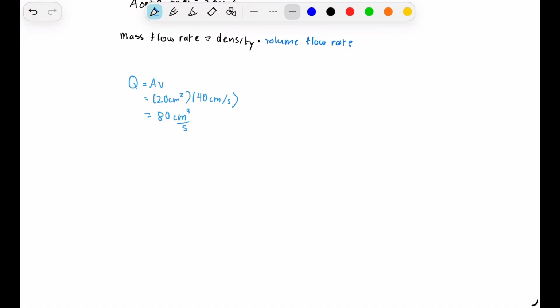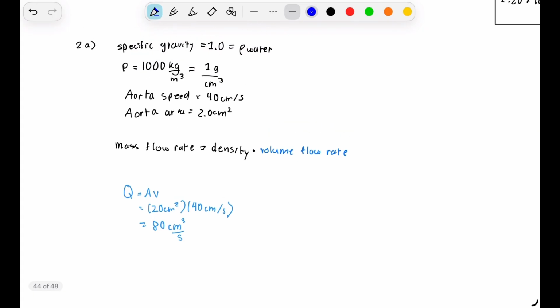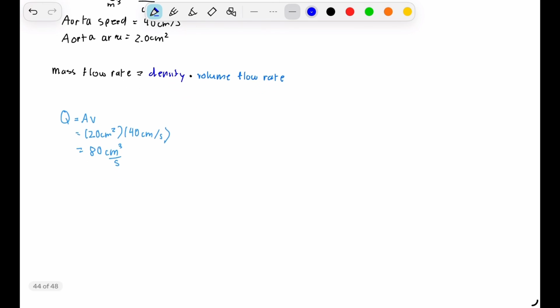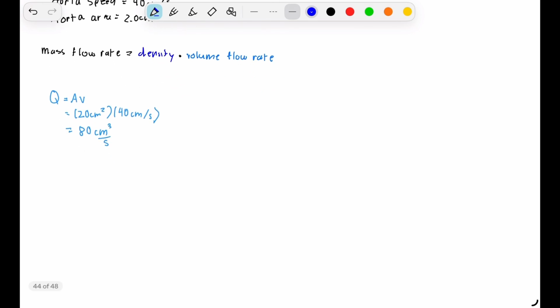And we know that our density is equal to that 1.0. That means that we can just substitute that in for the mass flow rate.